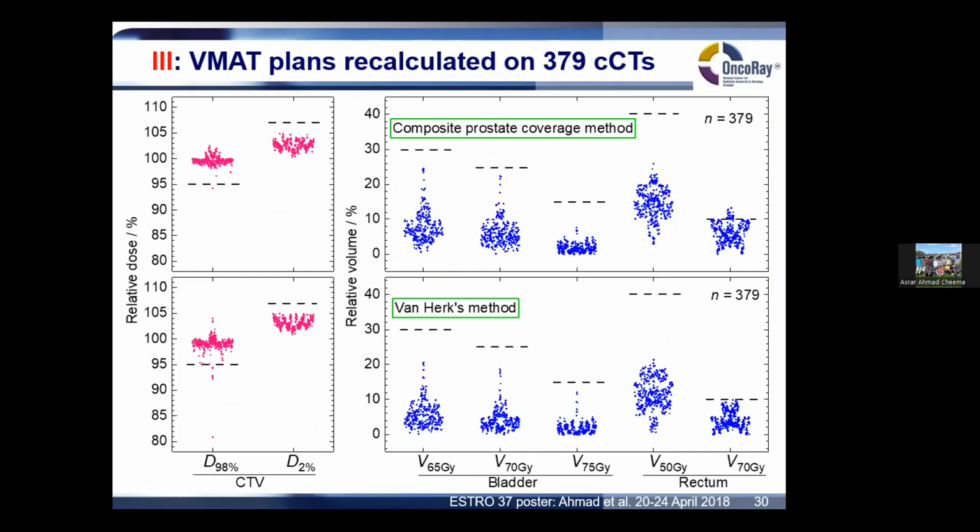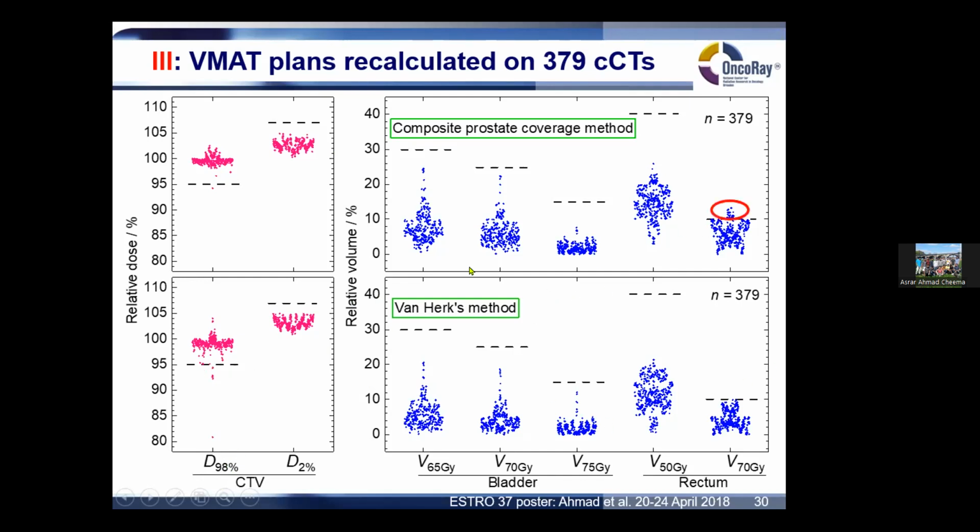planning phase. And when these plans were recalculated on the control CTs, the coverage for the composite method was not adequate for one of the controls, but it was still high, around 94%. So coverage was met for all. However, the coverage was not adequate for 12 treatment fractions using Van Herk's method.